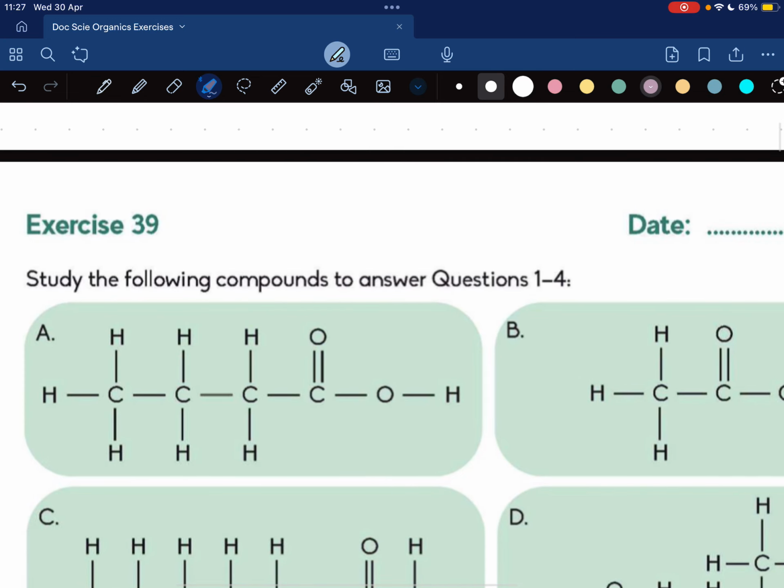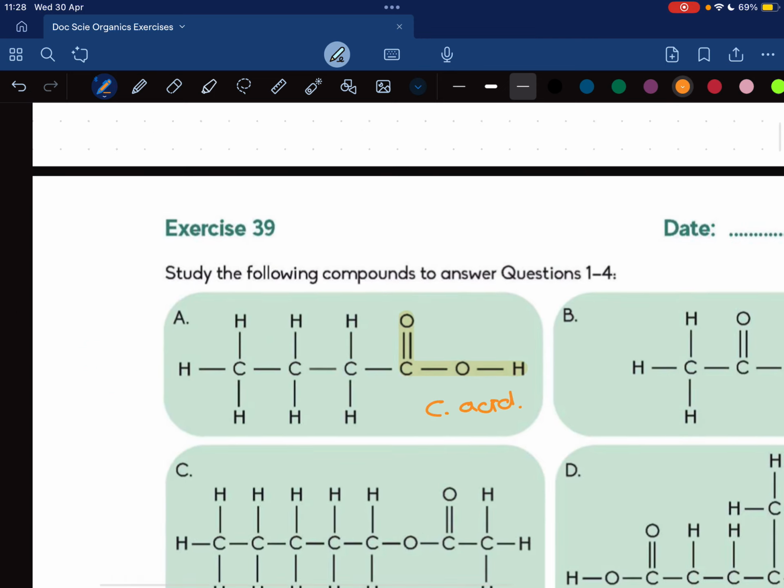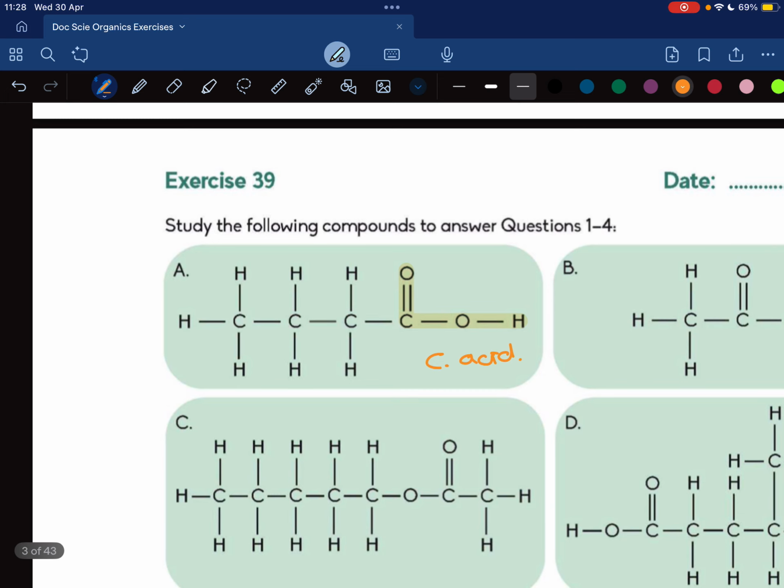We identify the functional group, and we can see that with this one, it's going to be a carboxylic acid.